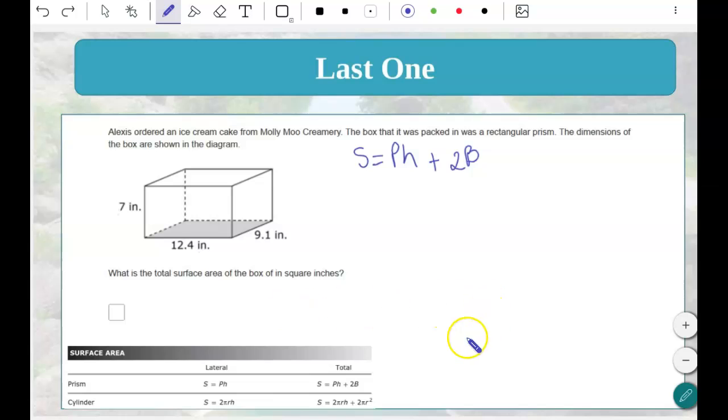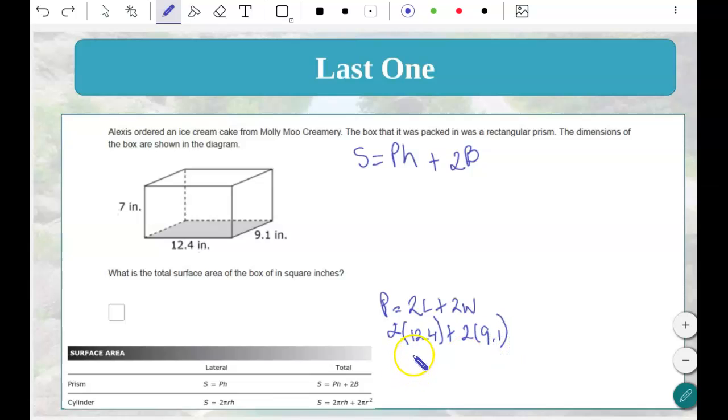All right, we have the P. I'm going to put that down here to find the P. We know it's twice the length plus twice the width. This is the length, this is the width. Or you can just add all 4 sides. So we're going to do 2 times 12.4 plus 2 times 9.1.